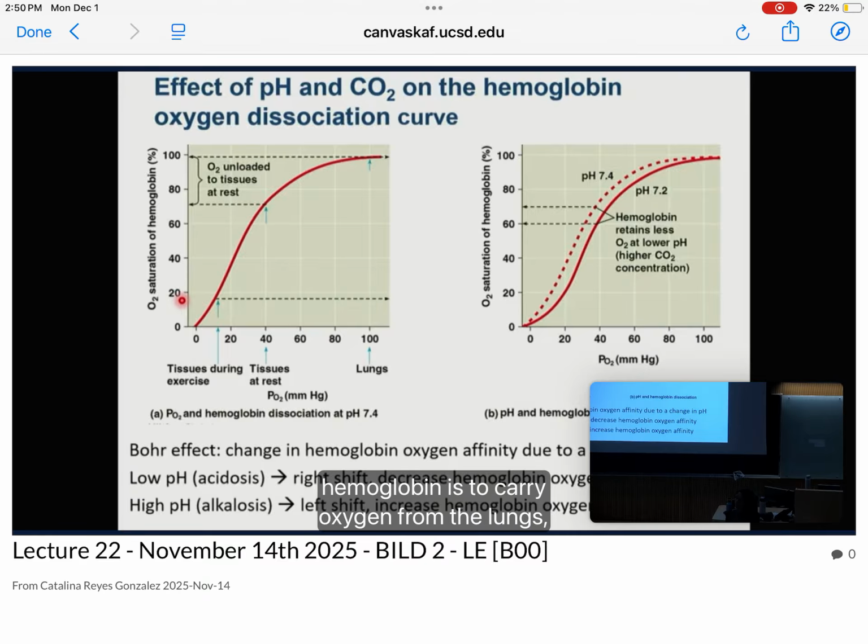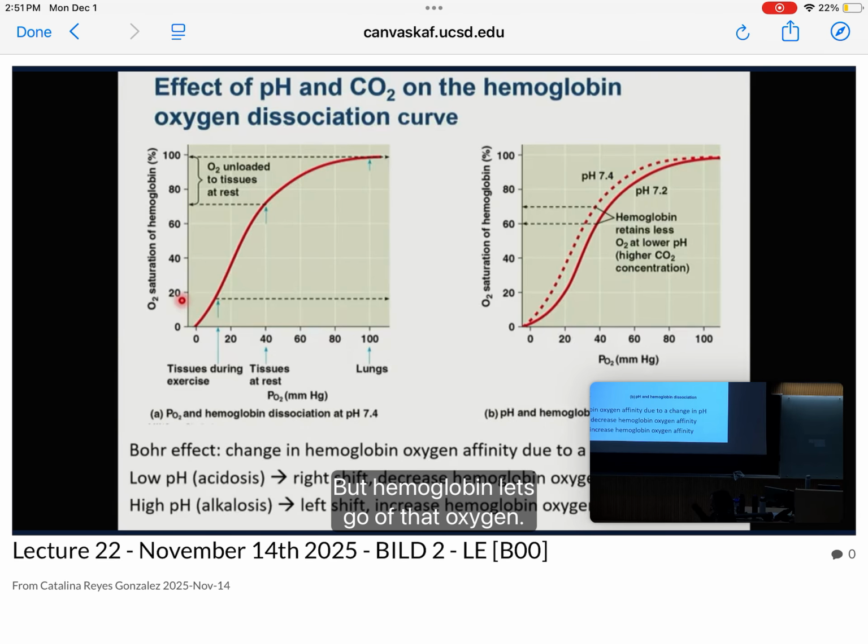The job of hemoglobin is to carry oxygen from the lungs, from the blood in the pulmonary capillaries, to the tissues, to the blood in the tissue capillaries, and then unload the oxygen so that the tissues can use it for metabolism. The hemoglobin has to let go of that oxygen. I'll talk about that in just a minute.